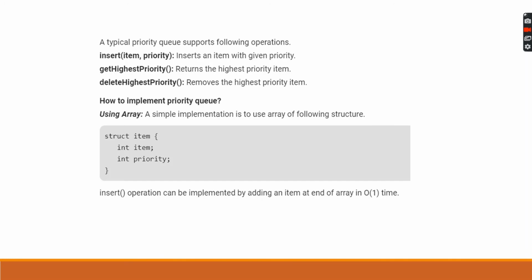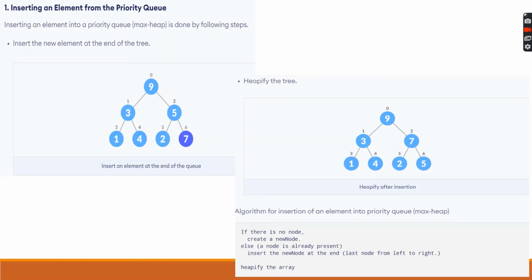The insert operation can be implemented by adding an item at the end of the array in O(1) time. This is how insertion of an element takes place in a priority queue. As you can see in the diagram, inserting an element into a priority queue max heap is done by the following steps. First of all, we insert the new element at the end of the tree.